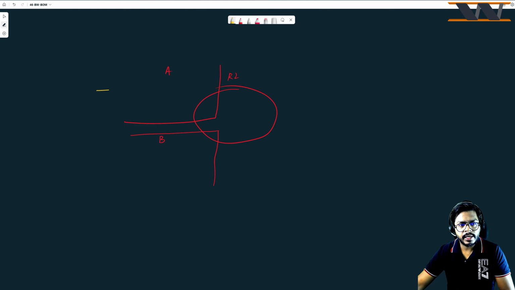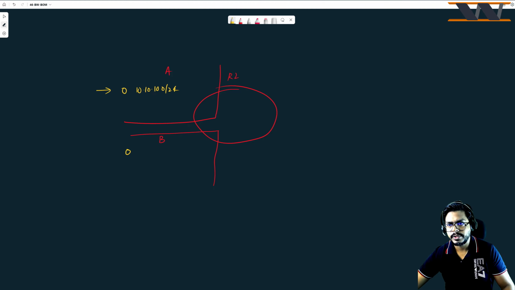Now we are getting a route in this VRF A, say 10.10.10.0/24. This is the OSPF learned route, right? Leave the VRF portion first.